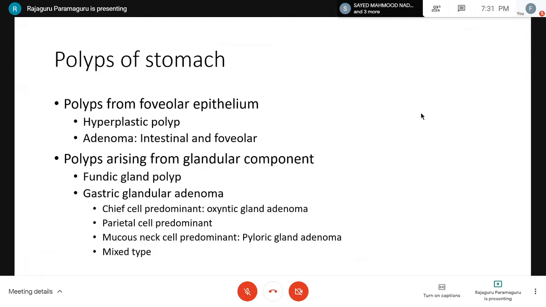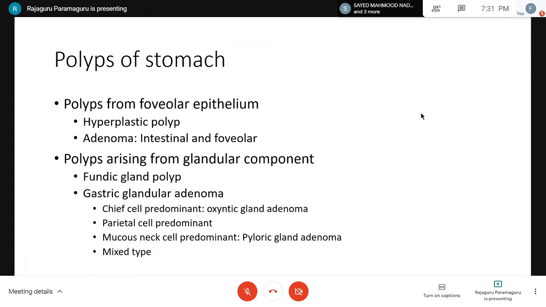Among the polyps arising from the glandular component, the most important is the fundic gland polyp, which is the commonest polyp, followed by other rare types like the gastric glandular adenomas, that is the oxyntic gland adenoma, when it is chief cell predominant.